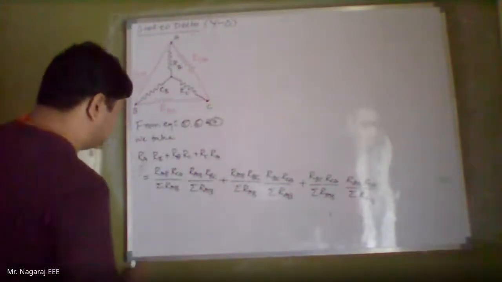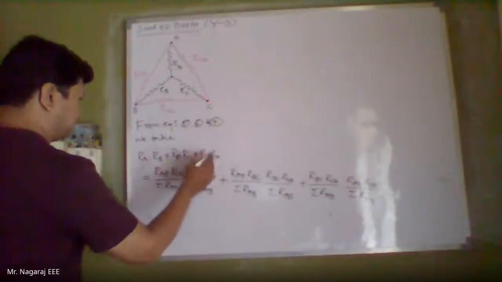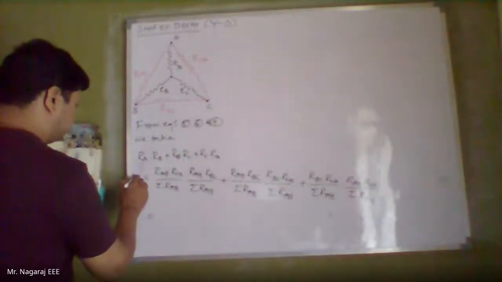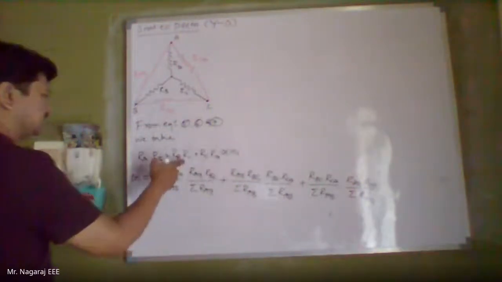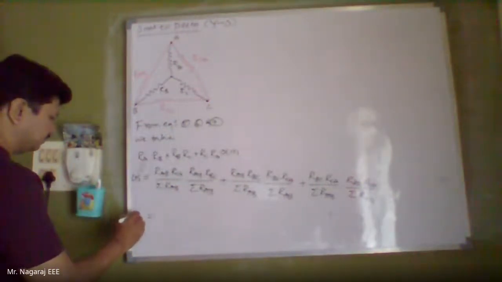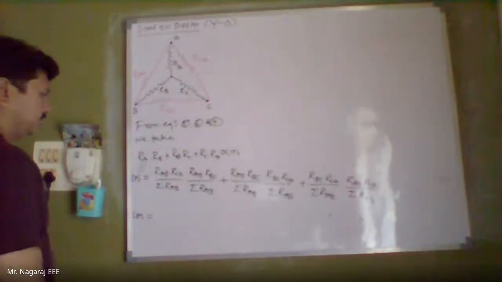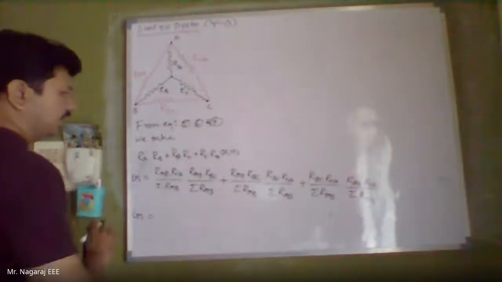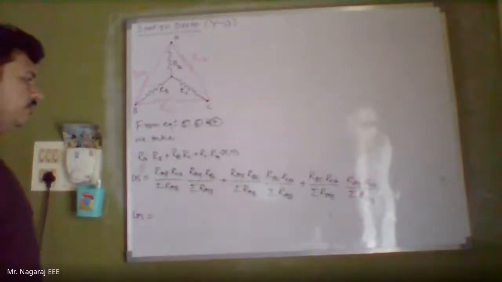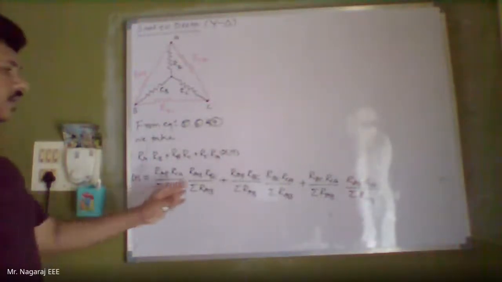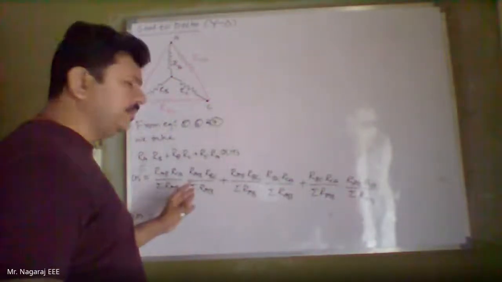Now this is all LHS. I will rearrange the terms. Denominators are the same, so the LCM is summation RAB into summation RAB.